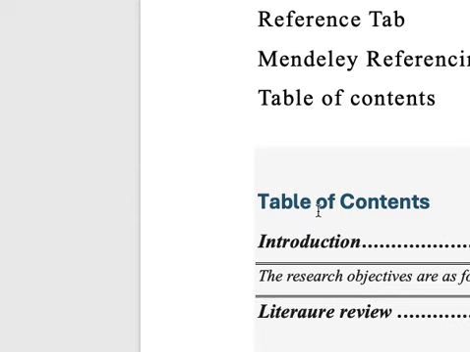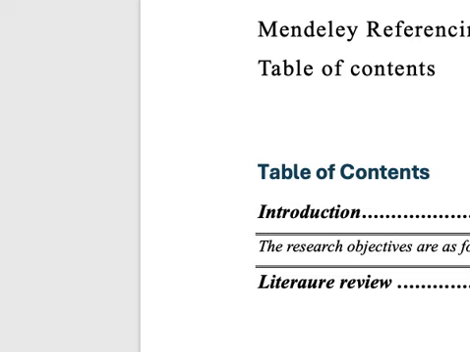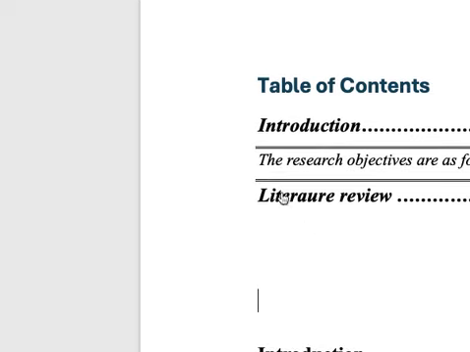It's showing us the two headings that are in our document. Introduction is on page 1, and then this is a subheading. As you can see, it's showing that it's a subheading of this one. It's on page 2, and then literature review, it's on page 2. So this is how you can create a table of contents.